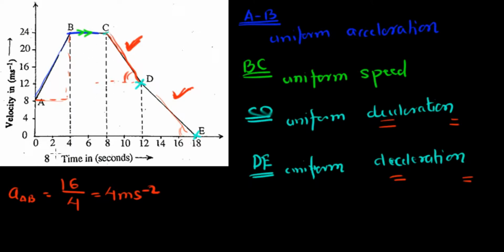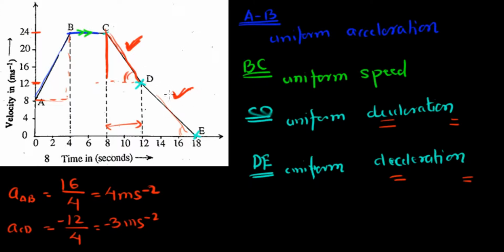And if you look at CD, the acceleration of CD happens to be negative, because I'm writing acceleration, not deceleration. So I'll calculate what the rise is. The rise is from 12 to 24, that happens to be 12. And then the run is from 8 to 12, that happens to be 4. So 3 meters per second squared.